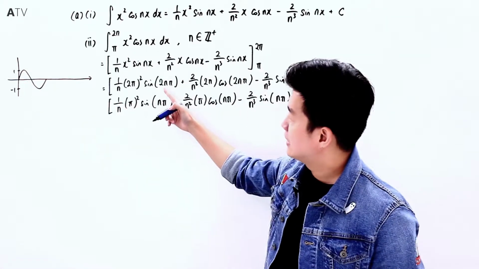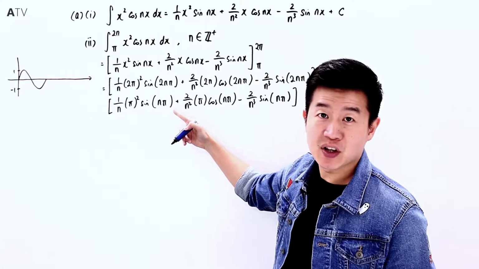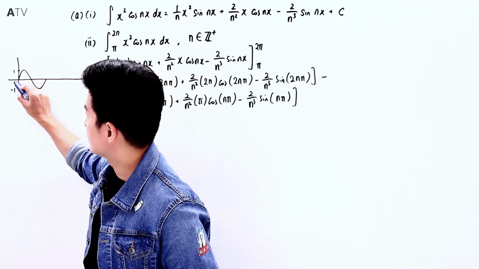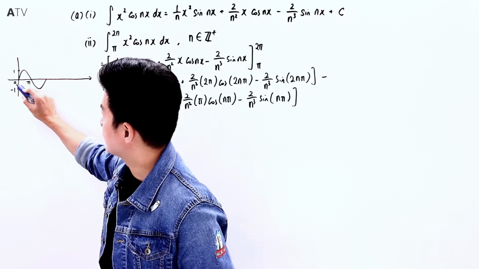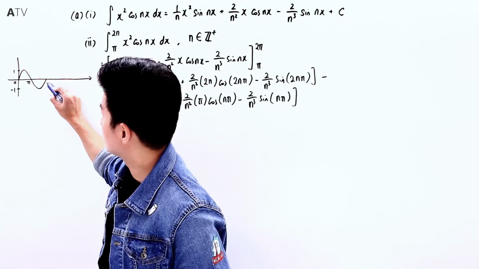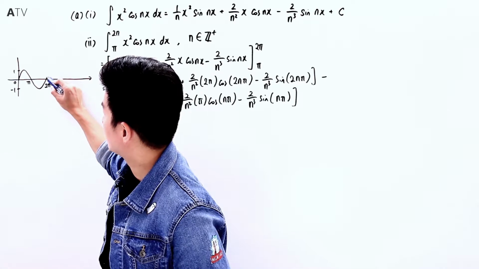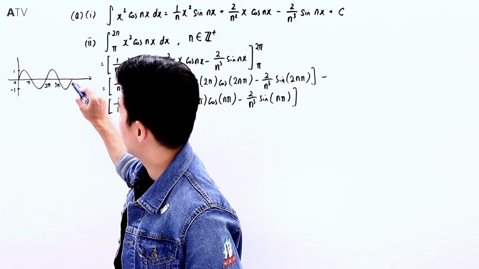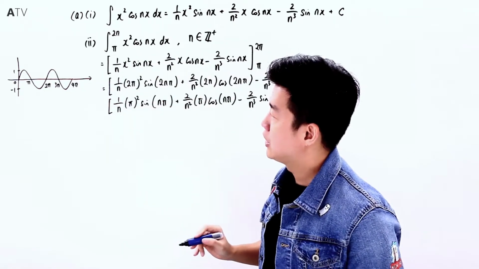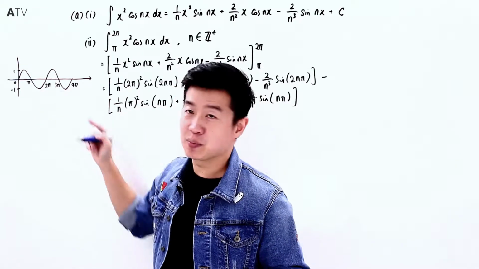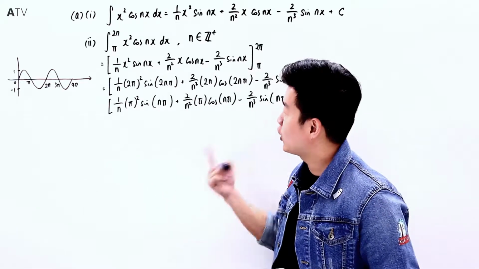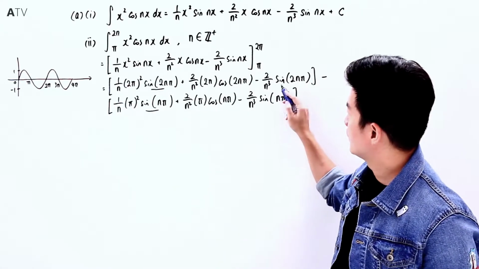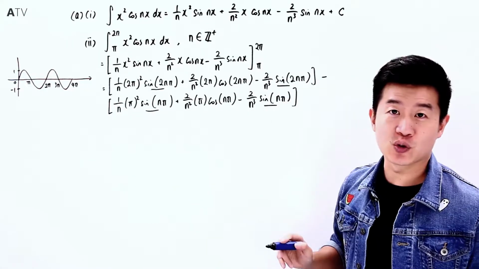If you are looking at integer multiples of π, so this is 0 times π, 1 time of π, this is going to be 2 times of π. If I continue for the next period, here I have 3 times of π, and here is 4 times of π. So as long as it is an integer multiple of π, the sine of the angle is always going to be 0, which means that this is 0, this is 0, and this is also going to be 0.